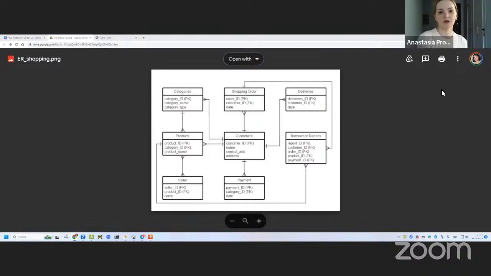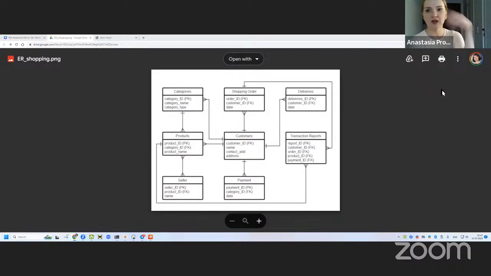Do we have a table of orders? We don't. In the deliveries table we have only customer ID and the date. We don't have order, right? Just IDs and stuff. We don't have a specific table for it, so I think we need it.